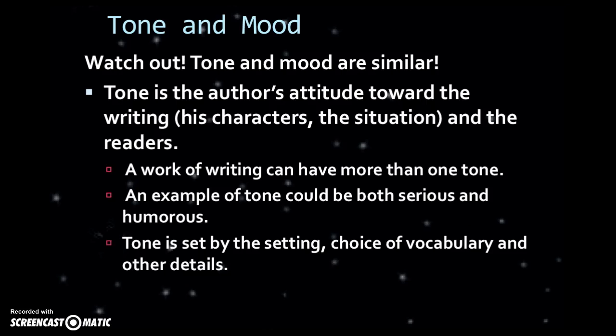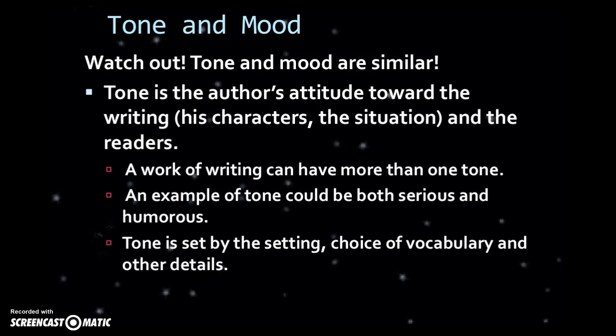So watch out. Tone and mood are very similar. Tone is the author's attitude towards the writing, his characters, the situation, and the readers. A work of writing can have more than one tone. An example of tone could be both serious and humorous, similar to the Wednesday Wars.